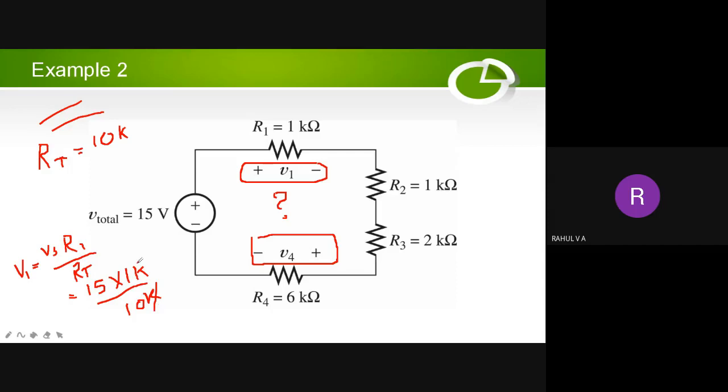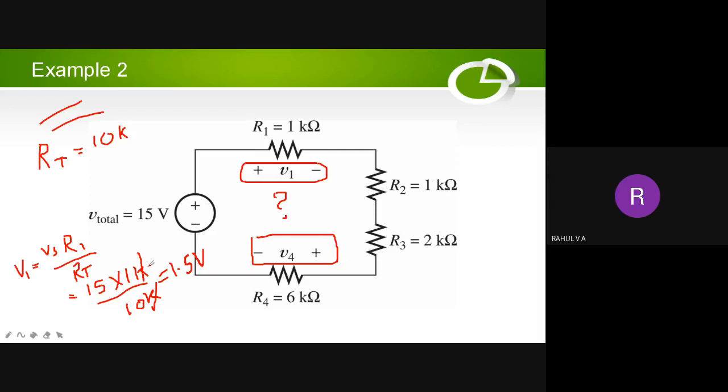I can cancel K, kilo, 10 raised to 3, 10 raised to 3 I can cancel. So what is the voltage drop across V1? It is 15 by 10, that is 1.5 volt. ഇത് ഞാൻ മാത്രമേ ആൻസർ പറയുന്നുള്ളൂ, ബാക്കി ആരും ആൻസർ പറയുന്നില്ലല്ലോ. So voltage drop across R1 is equal to 1.5 volt.